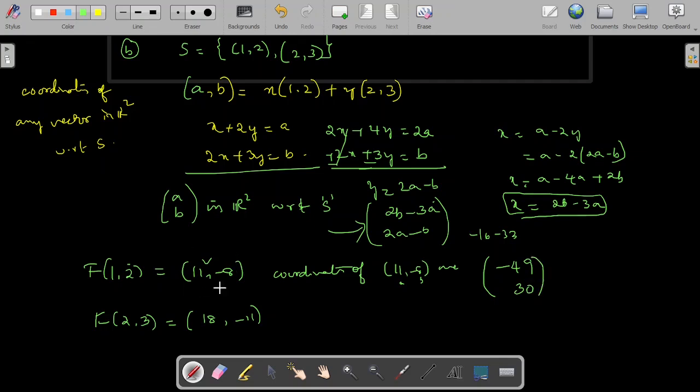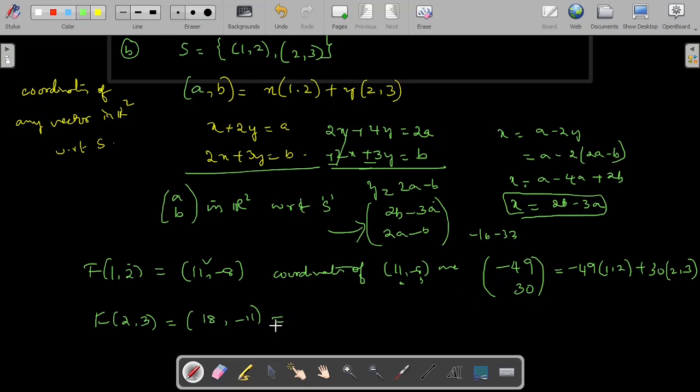So the same vector is called (-49, 30) with respect to the basis S. That is nothing but minus 49 times (1, 2) plus 30 times (2, 3). This is how to scale these two vectors to go to the position (11, -8), which is the same as (-49, 30).